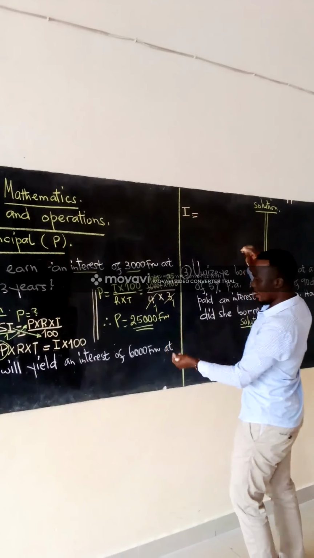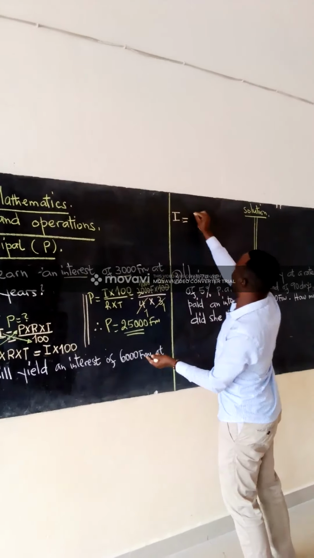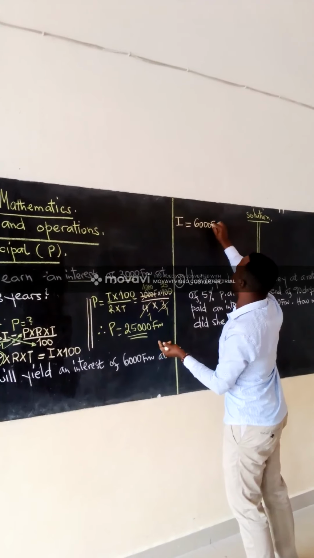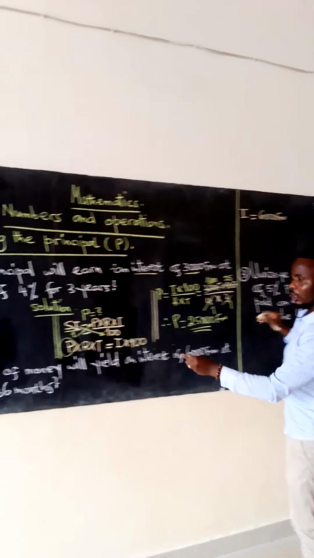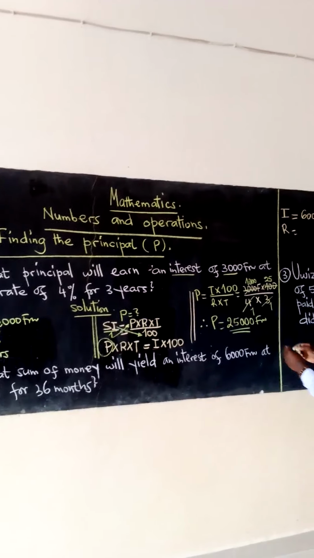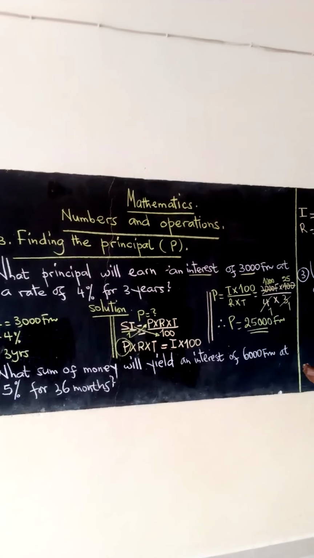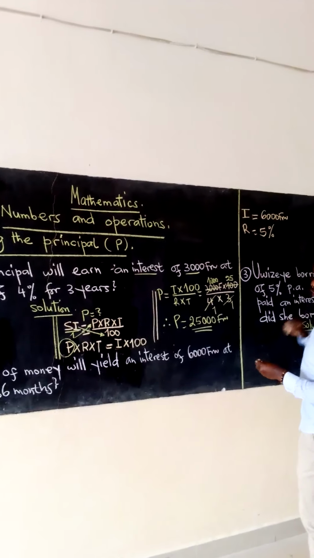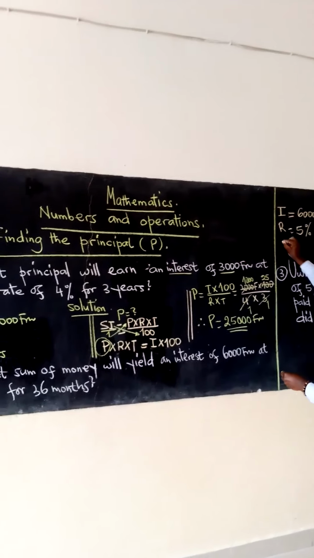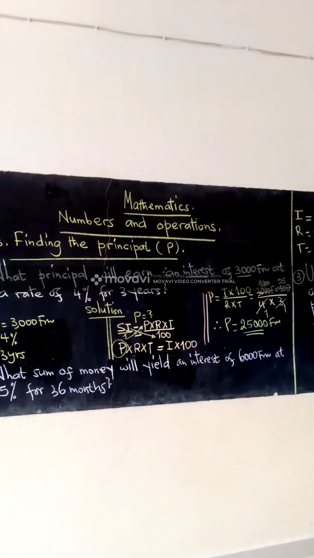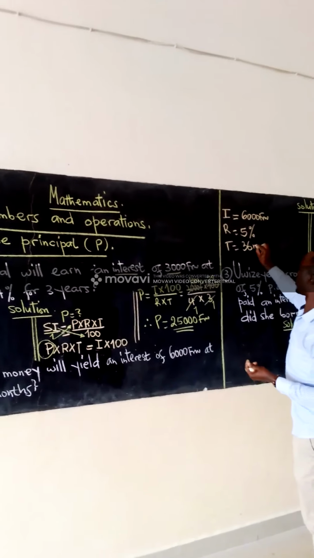The same, okay? And then here we have 60,100 francs. And we have the rate of interest which is equal to 5%. And then we shall have the time. The time is equal to 36 months.